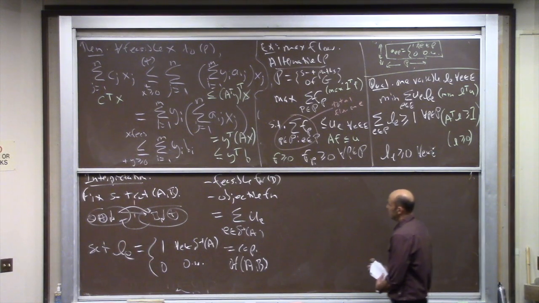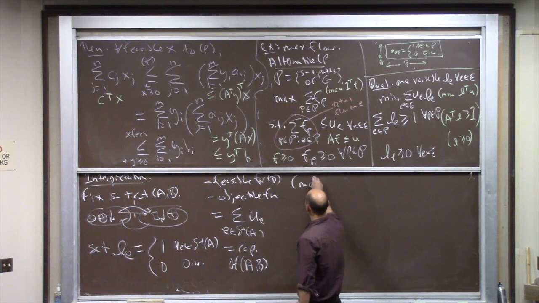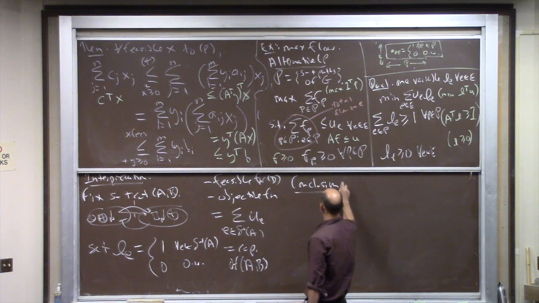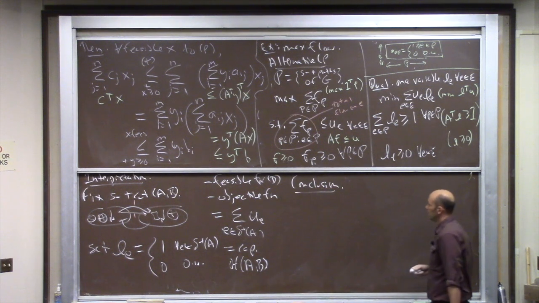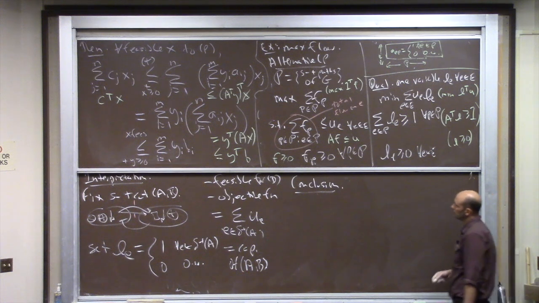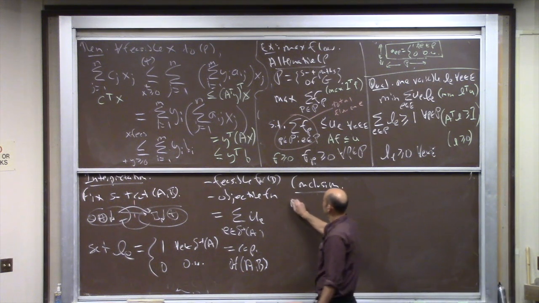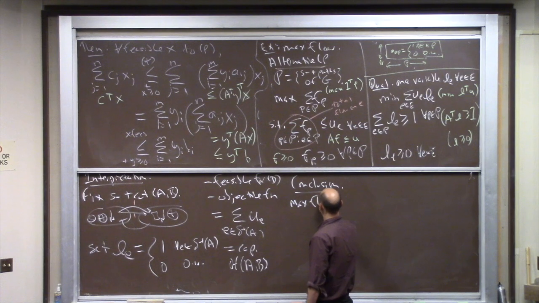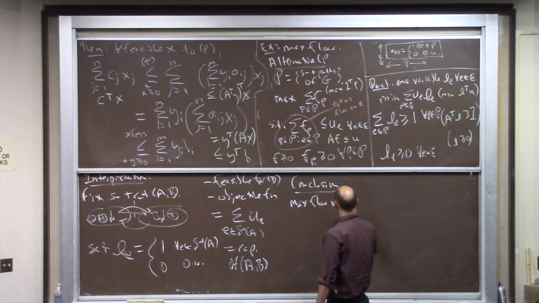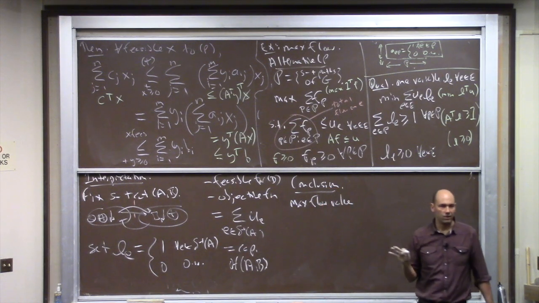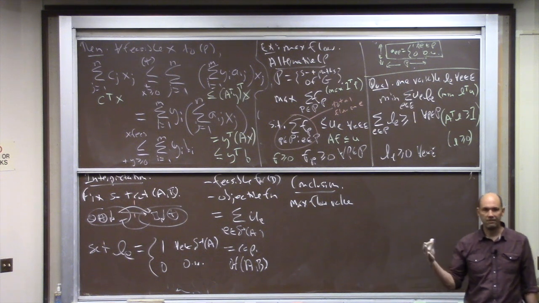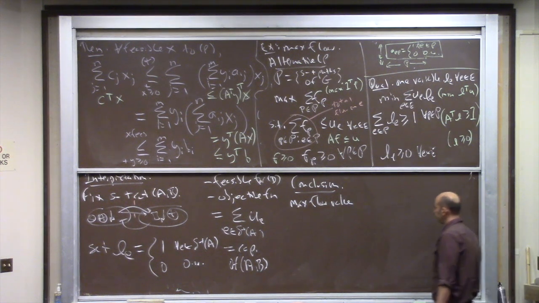So let's put this together. So what have we learned? So we have our flow network. We can think about the value of the maximum flow, whatever it is.